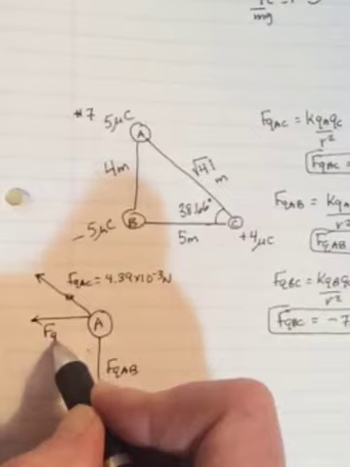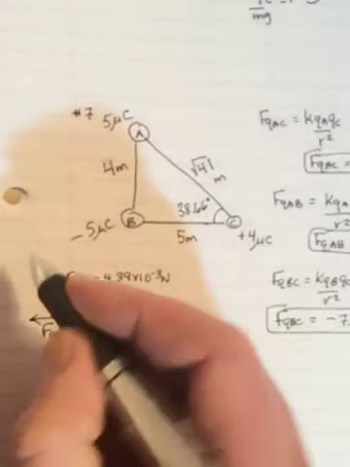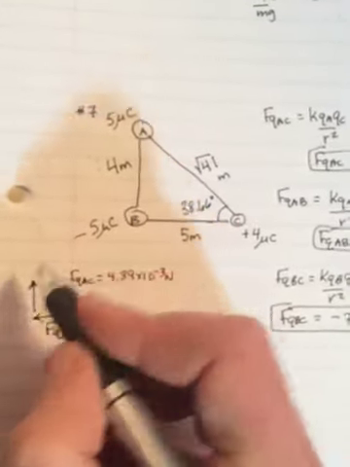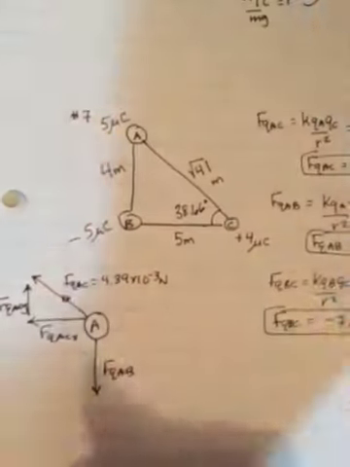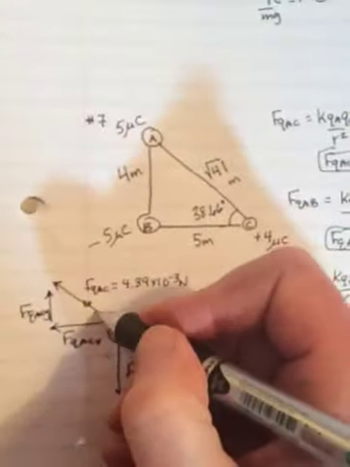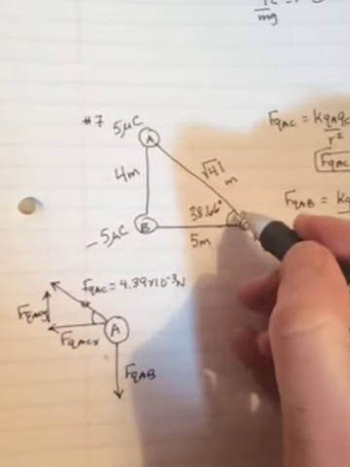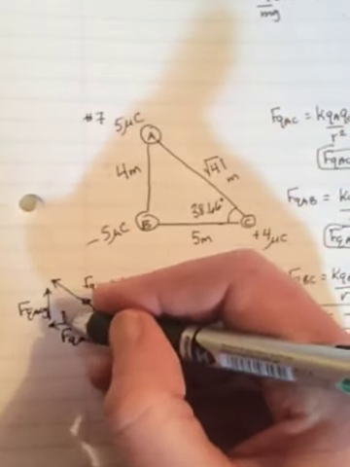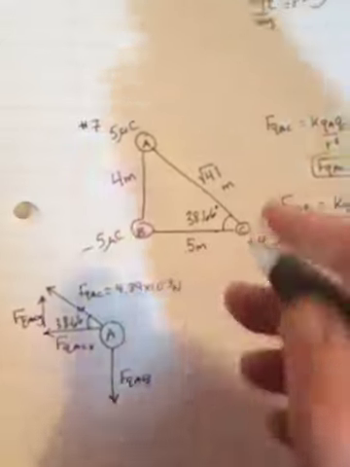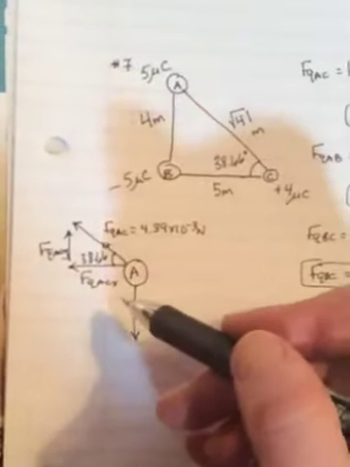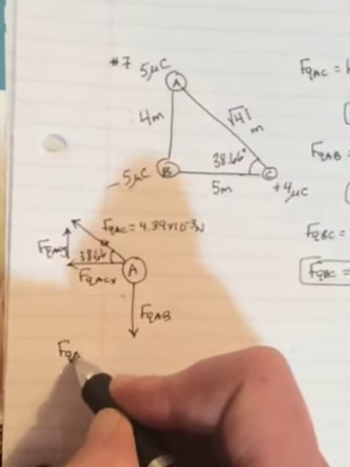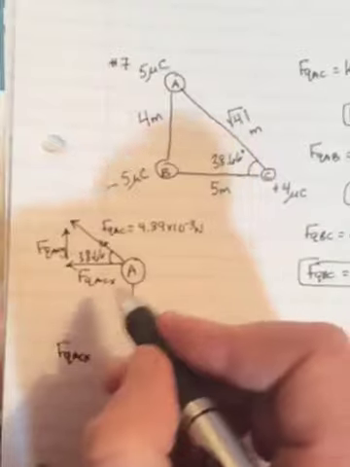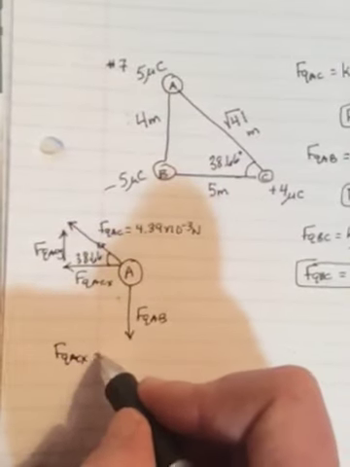So this will be FQACX, and this will be FQACY. Okay? And this angle here is the same as this angle here. So this is 38.66. So we can find the X and Y. If we start with the X, the FQACX is just the adjacent side, so it's going to be cosine.